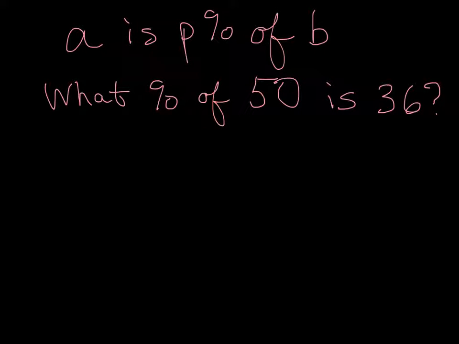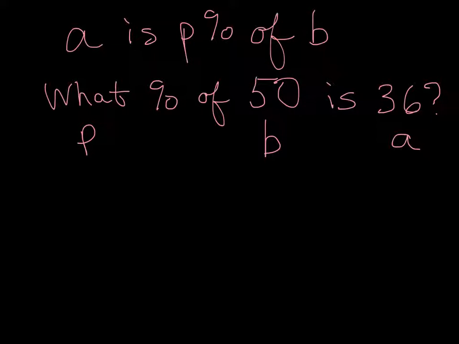Okay, so what's in front of the percentage sign must be P. So P is the what? P is what we're looking for in this problem. And we know that it's always P% of B. So what percent of 50? Well, then that means 50 is our B. And that means A is our 36.